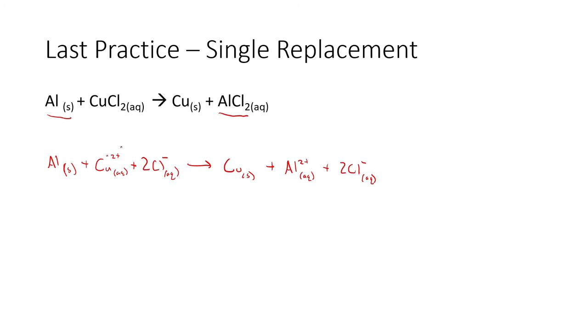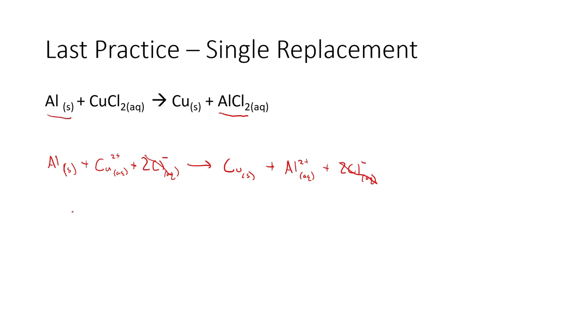Now in this case, aluminum solid goes to aluminum 2 plus aqueous, so that's not going to cancel. The copper 2 plus goes to copper solid, so that's not going to cancel. But this 2 Cl minus and this 2 Cl minus are the same. They're both dissociated in solution, don't actually react, so we're going to have those cross out.